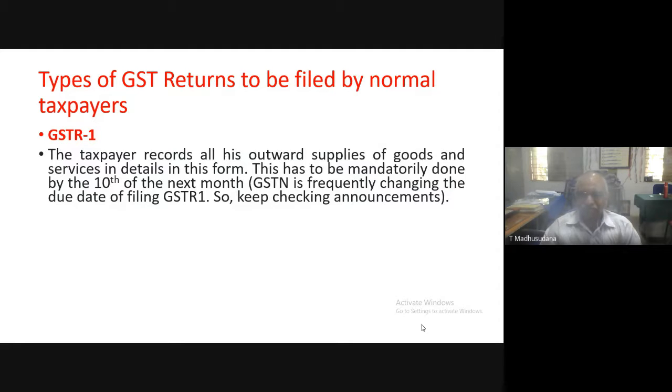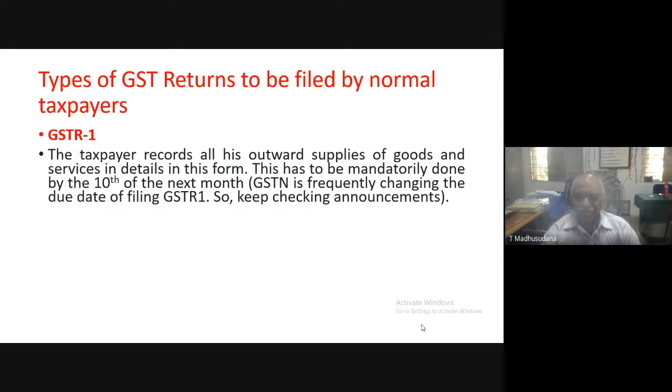This is a monthly return form to be submitted by the 10th of the next month. That means for the month of January, February 10th will be the due date for filing GSTR1. In GSTR1, all sales details will be entered by the taxpayer.